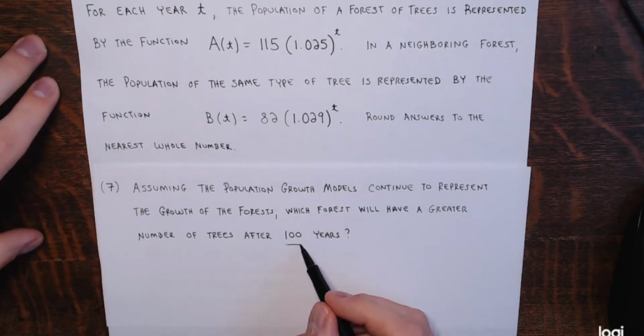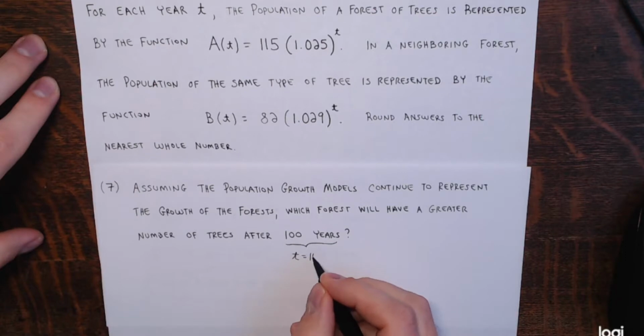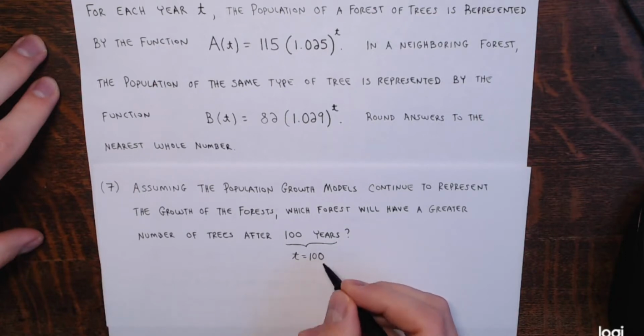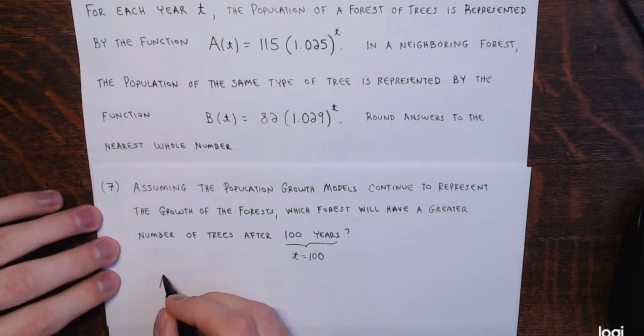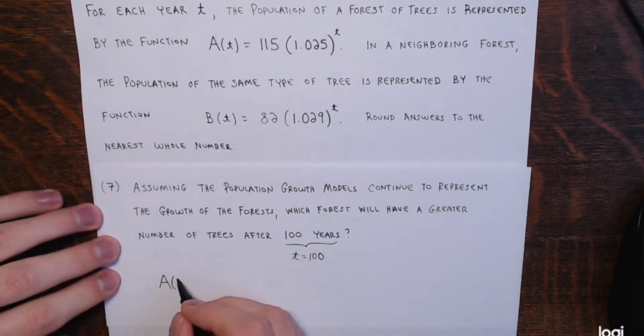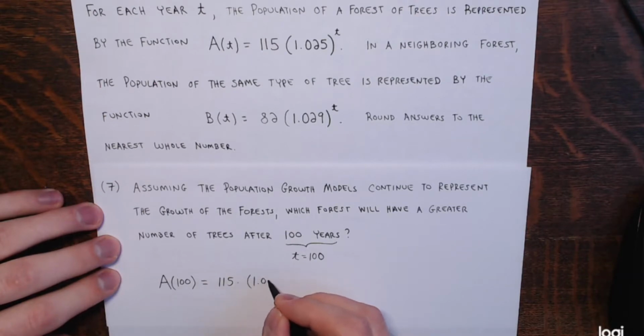So initially was t equals 0. 100 years is t equals 100. They told us t represents the time in years. So what is the amount of trees in forest A after 100 years? What's A of 100? So that's 115 times 1.025 to the 100th power.